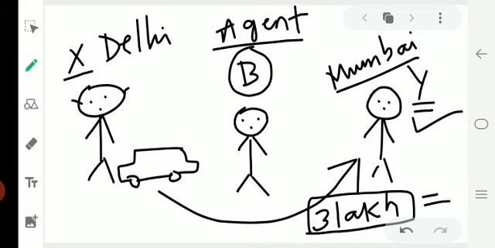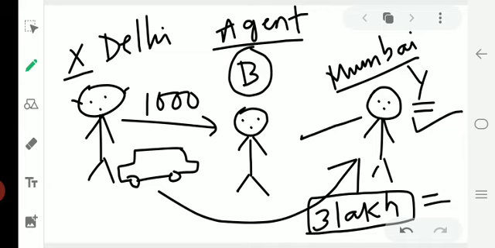suppose, because B has helped X in selling his old car, X is giving suppose 1000 rupees to B as a commission. Similarly, Y is also paying 1000 rupees to B as a commission because he has helped him find a second hand car.